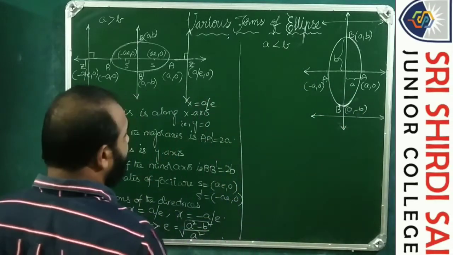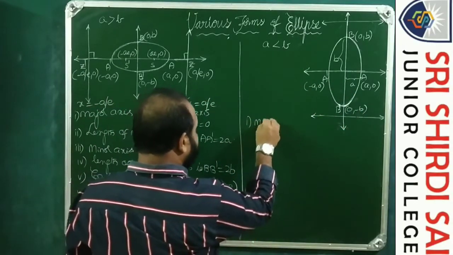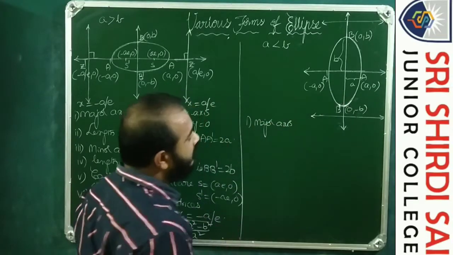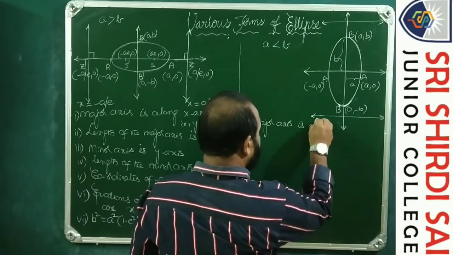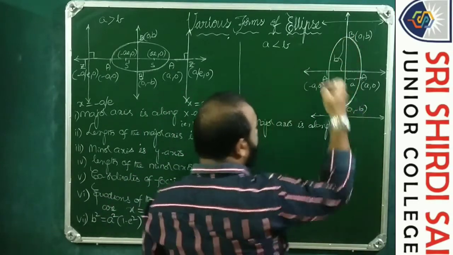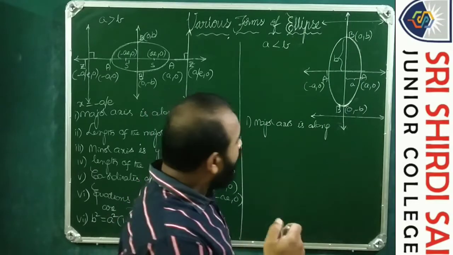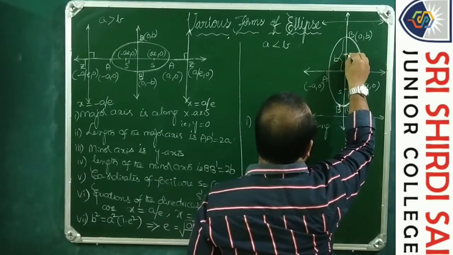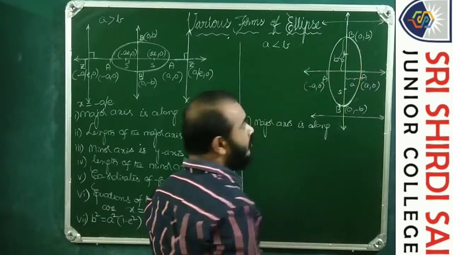So here, what is the major axis now? The major axis is the y-axis. Why? Because the foci, the fixed points, are lying on the y-axis.